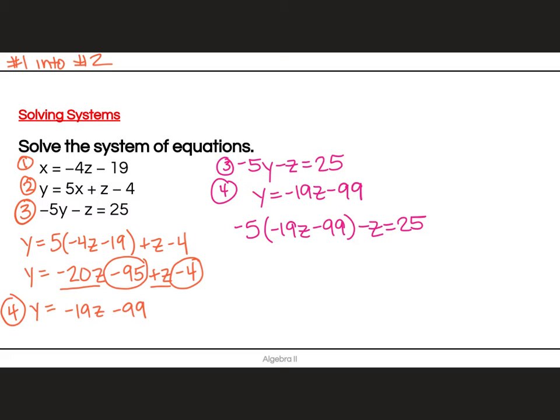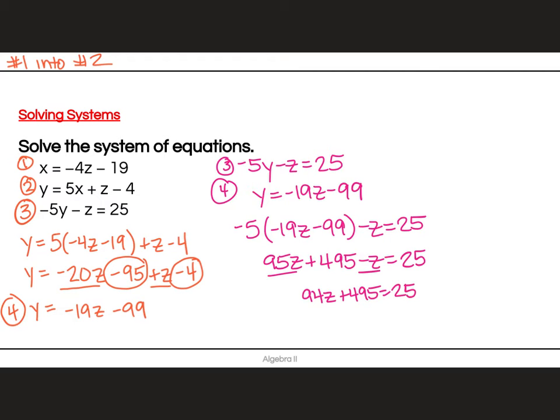Now I have to do some math. 19 times 5 is 95, so 95z, and they're both negative, so they multiply to give a positive. Then negative 5 times negative 99 is a positive 495, minus z is equal to 25. So 95z minus z is 94z plus 495 is equal to 25.